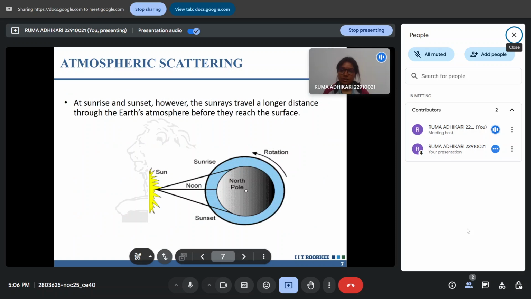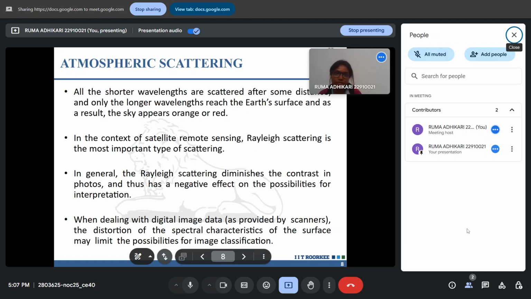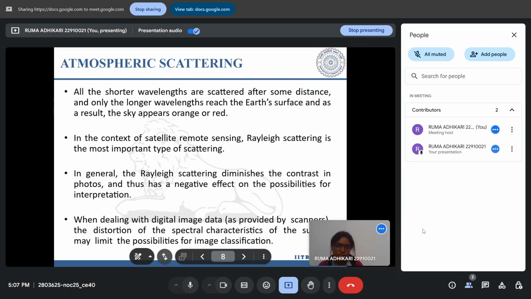At sunrise and sunset, however, the sun rays travel a longer distance through the Earth's atmosphere before they reach the surface. All the shorter wavelengths are scattered after some distance, and only the longer wavelengths reach the Earth's surface, and as a result, the sky appears orange or red.